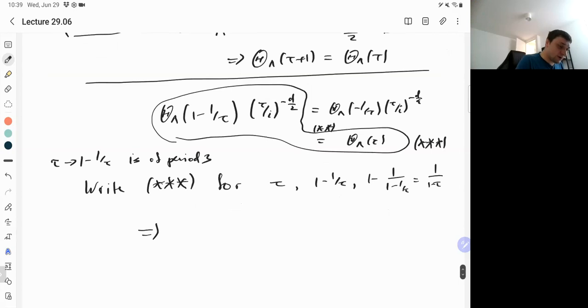Because this transformation is cyclic of order 3, the 3 arguments will appear for theta lambda on both sides, once for each transformation. And so theta lambda cancels out from the identity, and you get this identity.